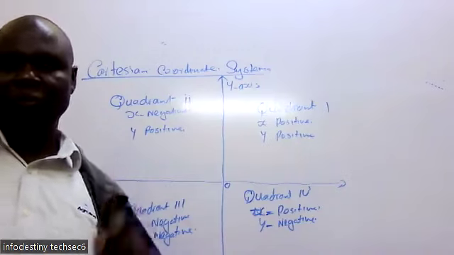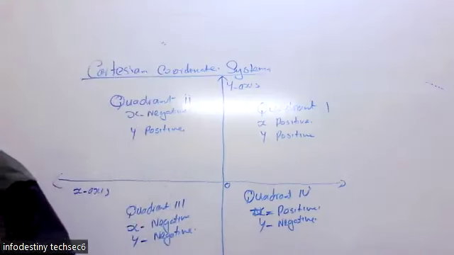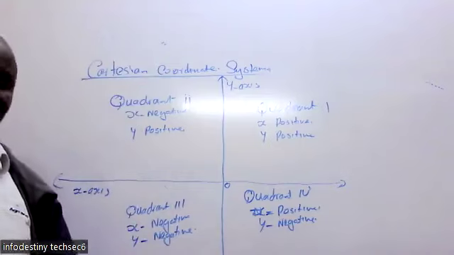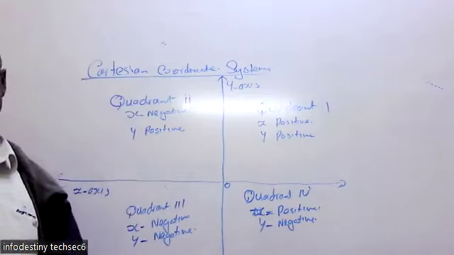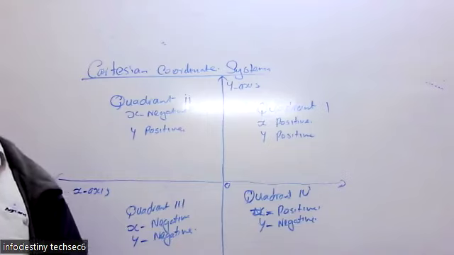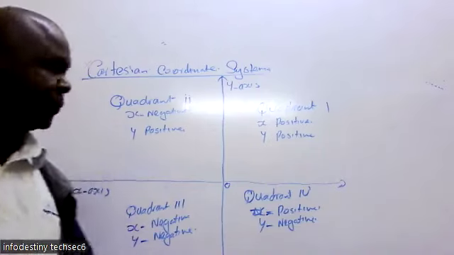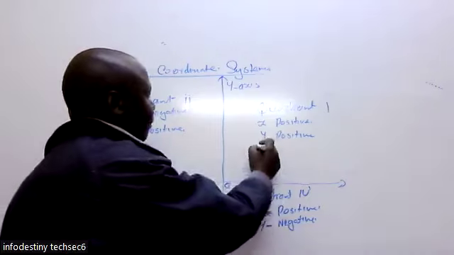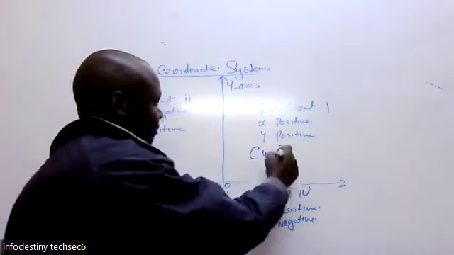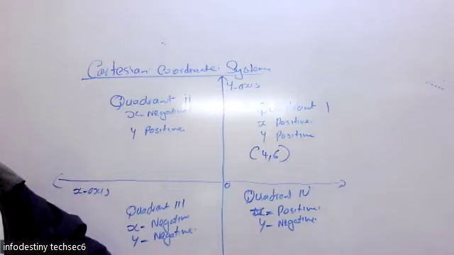So we're just going to look at one example. In the first quadrant, the coordinates of X and Y are positive. For example, bracket 4, 6.